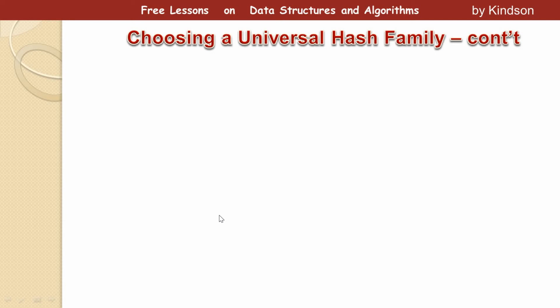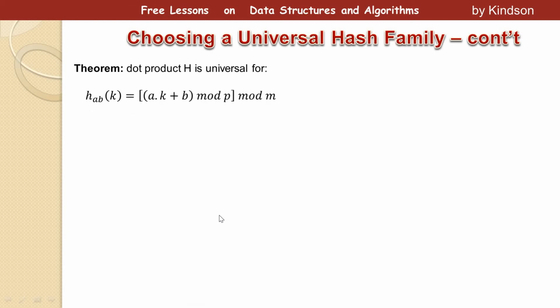And then the next thing is we want to write down the theorem that guides the universal hash family. That theorem says the dot product h is universal for h a b of k equal to a dot k plus b, mod p, mod m.